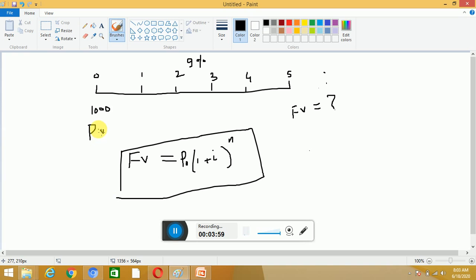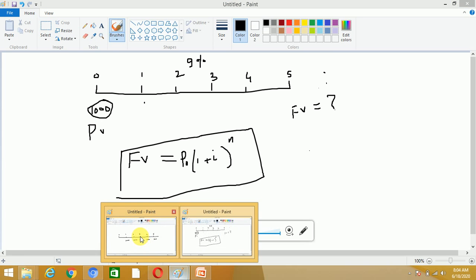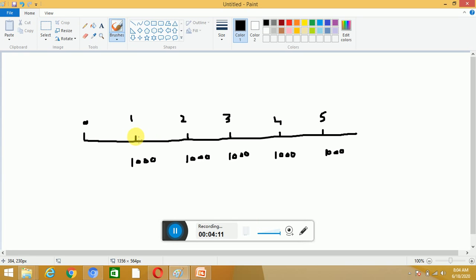But in annuity, keep in mind, it is not a single amount. Take the previous example. We were depositing 1000 into the bank account here. Interest rate is 9%. 1000 here, 1000 at the end of second year, 1000 at the end of third year, 1000 at the end of fourth year, and 1000 at the end of fifth year.